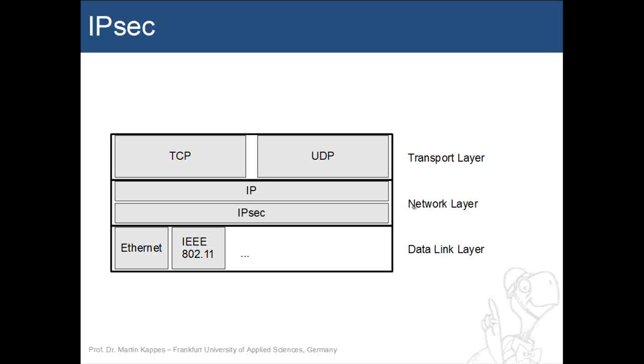So IPsec sits somewhat below the IP protocol in the network layer, if you will. And then, of course, whatever has been protected by IPsec or not is handed to the data link layer, and the reverse process happens if data comes in through one of the data link layer protocols.